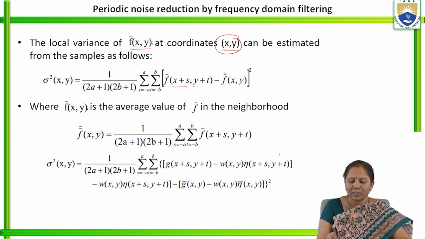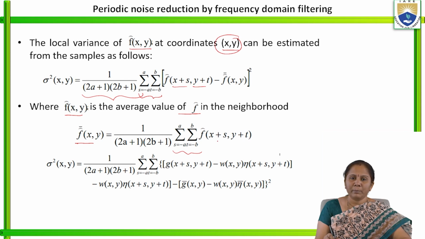So here the shifting operation is performed, minus f cap dash of (x,y), whole square. So f cap dash of (x,y) is the average value of f cap in the neighborhood, and it can be represented as f cap dash(x,y) equal to 1 by (2a plus 1) into (2b plus 1), sigma s equals minus a to a, sigma t equals minus b to b, f cap of (x plus s, y plus t).